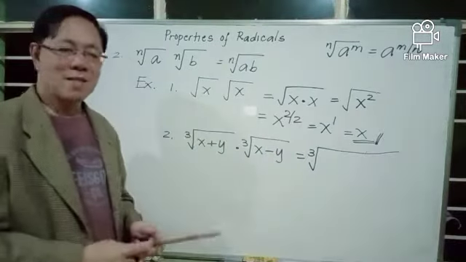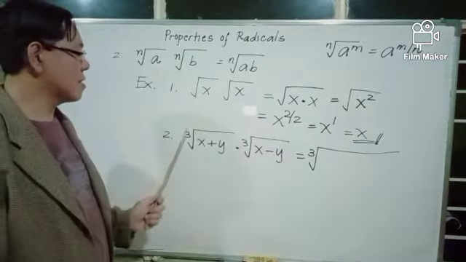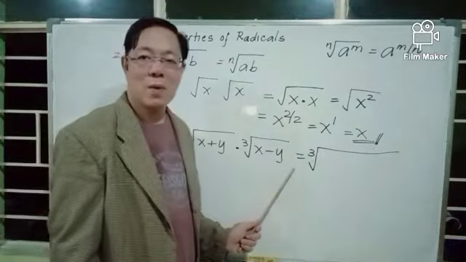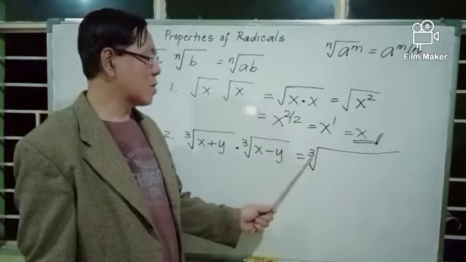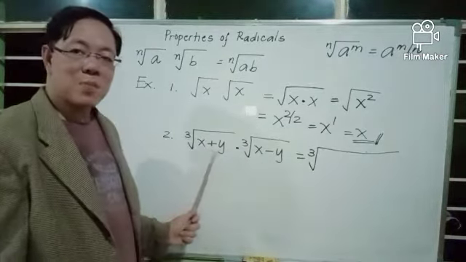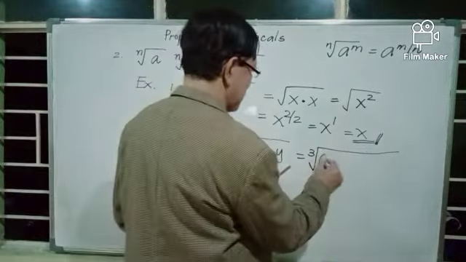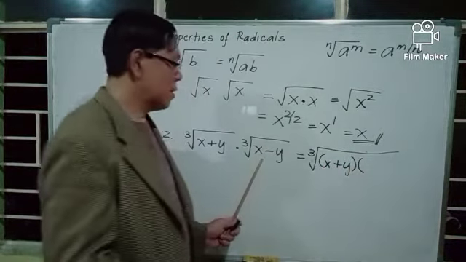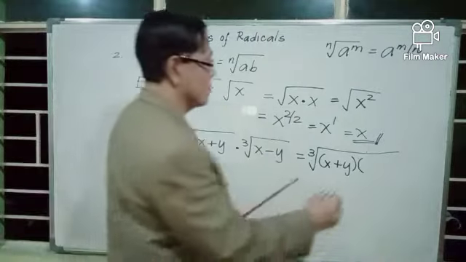The common index n is 3. So this product, as one radical expression, is equal to the cube root of the product of the radicands, the product of x plus y and x minus y.